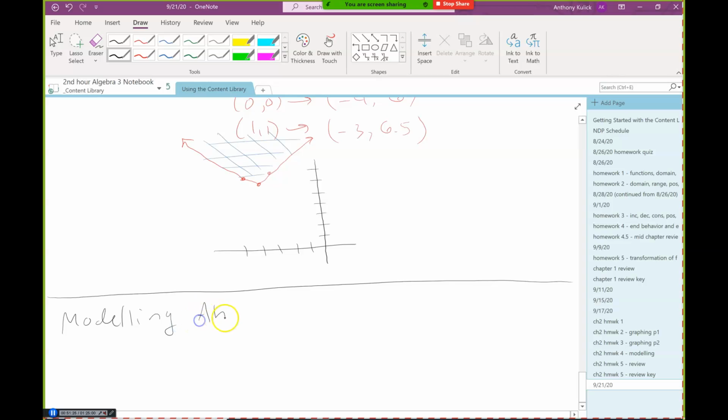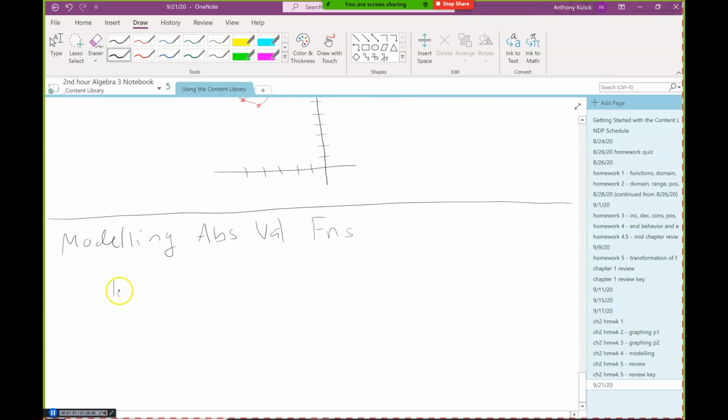is modeling absolute functions. So the idea here about modeling, we're talking about going from a graph back to an equation, or some information about the graph and going back to an equation.